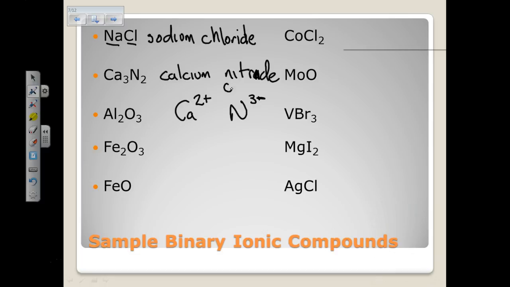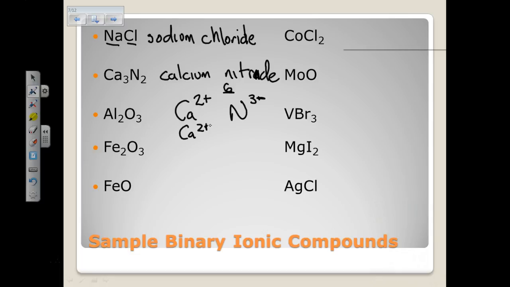That least common multiple is 6. I'll show you this in a later video too, but I just wanted to go over this so you know why there are no prefixes here. So if we're trying to get to 6, we're trying to get the charges to cancel out. In order to do that, they have to be equal. We need 6 positive charges. So that means we need 3 calciums.